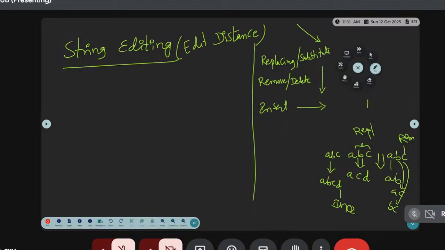Full stop. Next point. It is a classical application of dynamic programming technique. Next point.